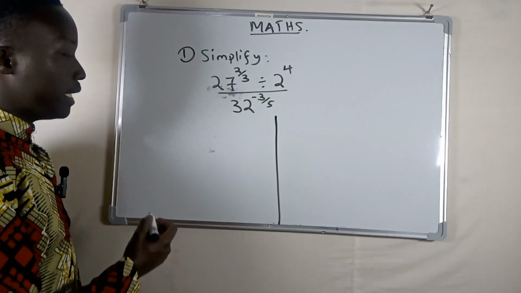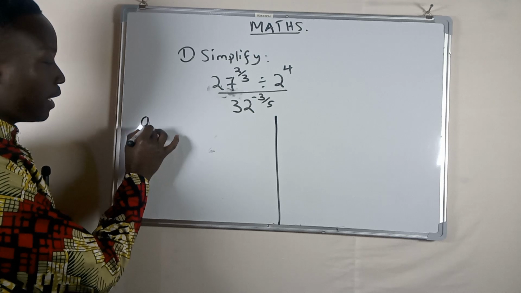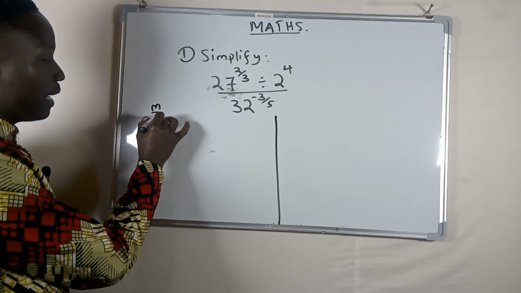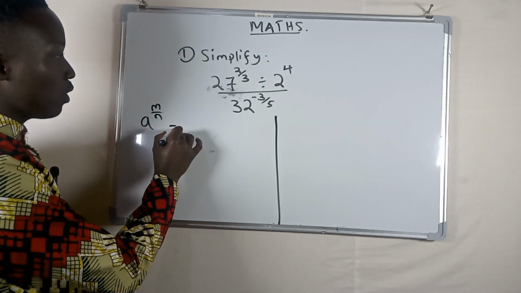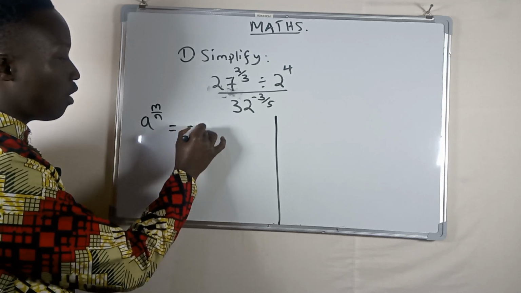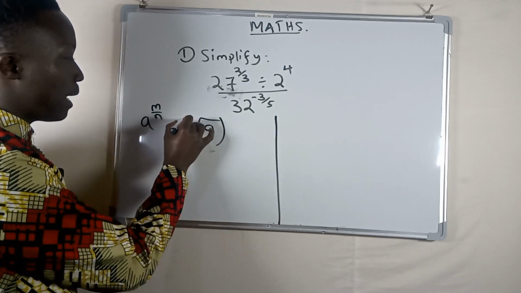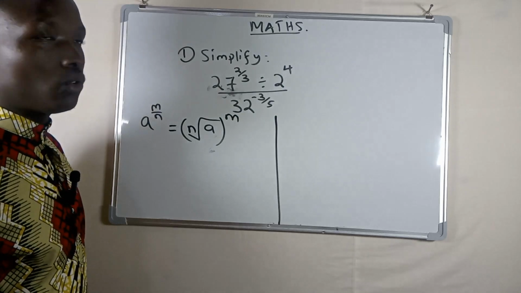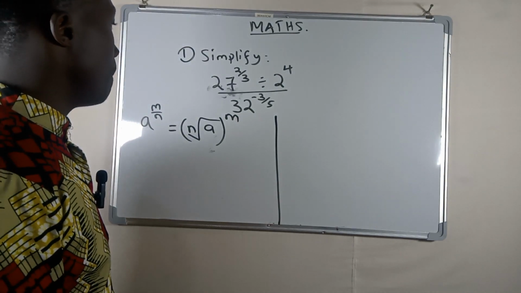We have a law in indices that states that a to power m over n is equal to the nth root of a to power m.